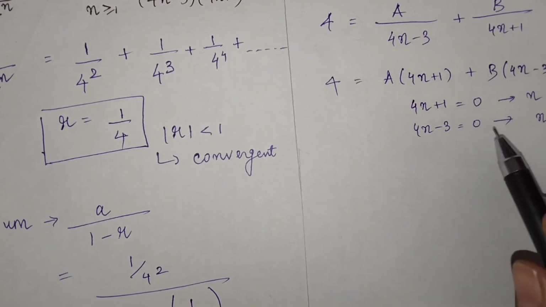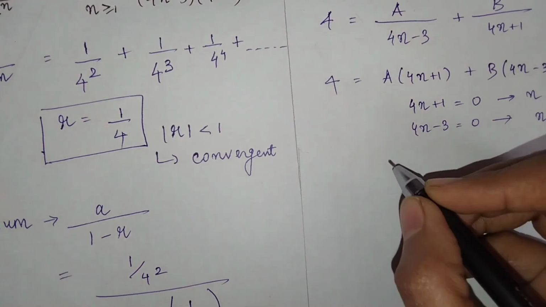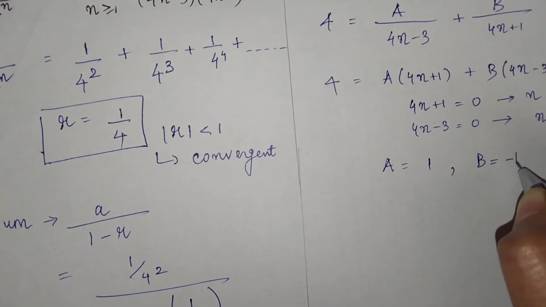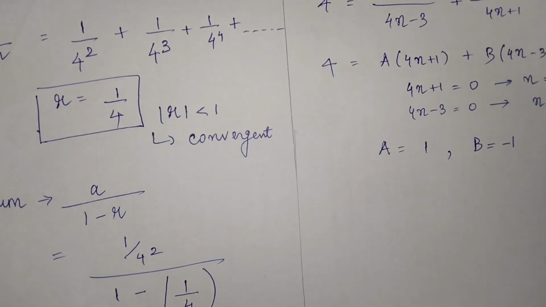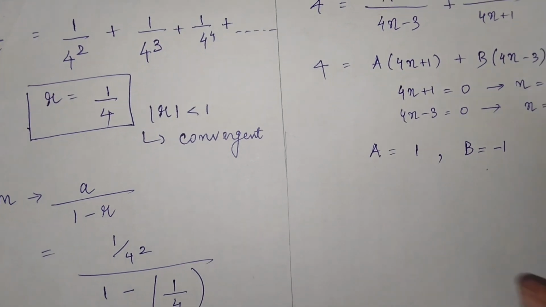So try to find it by yourself, and you will get a equal to 1 and b equal to minus 1. You have already done this in the 12th standard. It's very simple. You just have to put these values in this equation and you will get the values of a and b.